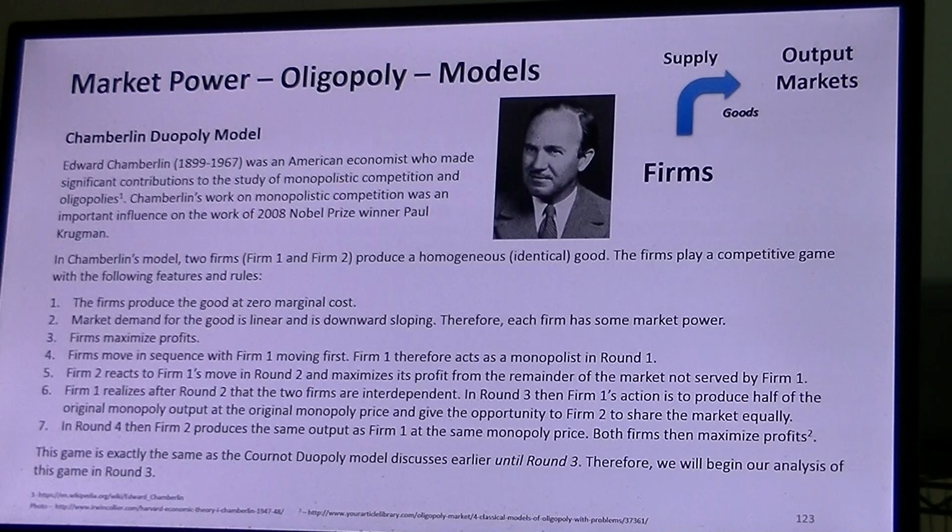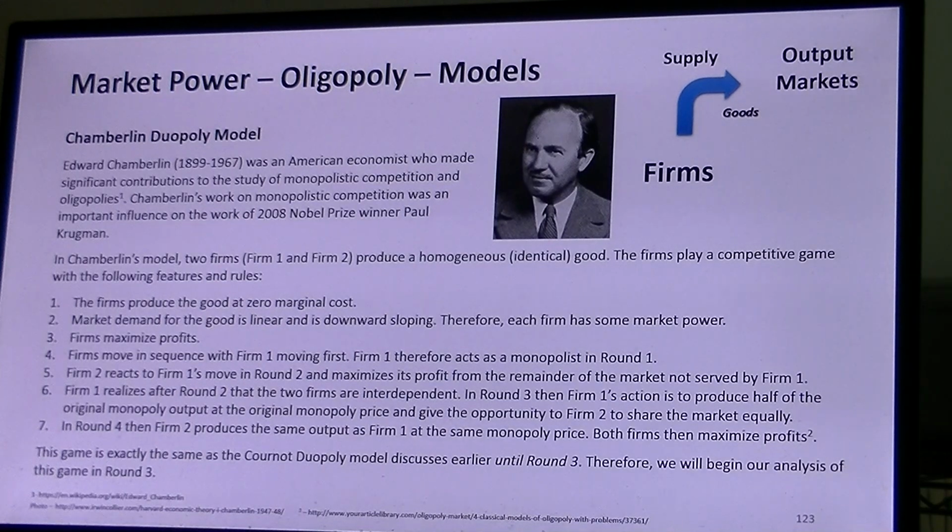But what's different about this game is that firm 1 realizes after round 2 that the two firms affect each other, that the move they make affects the other firm.